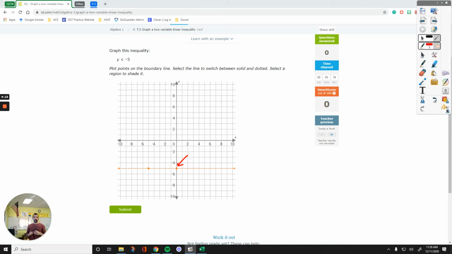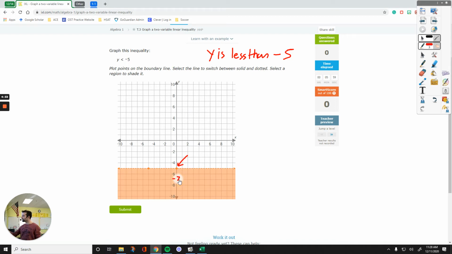The sign says y is less than -5. Less than means shade below. Shade all of the numbers that are less than -5. -5 is that point. -6 is less than that. -7, -8, -9. These numbers are all less than -5.